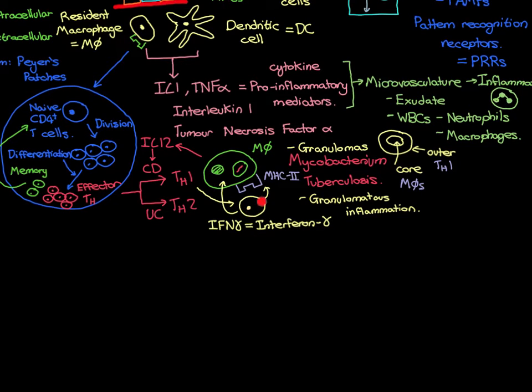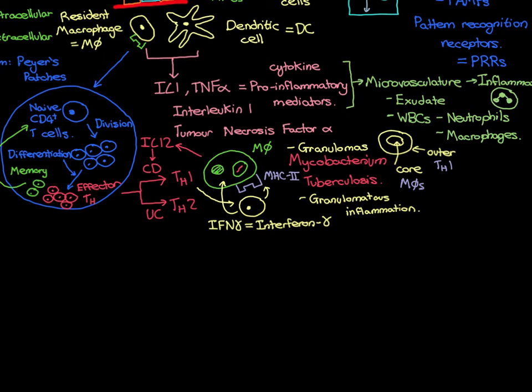These come then to the site of inflammation, and when they find macrophages and dendritic cells that are presenting on MHC class 2 the peptide fragment that they are directed against, they will activate those macrophages by releasing interferon gamma, and that allows the macrophages and the dendritic cells to use really brutal killing mechanisms to try and destroy the pathogen. And classically, you end up with these granulomas forming at the site of inflammation.